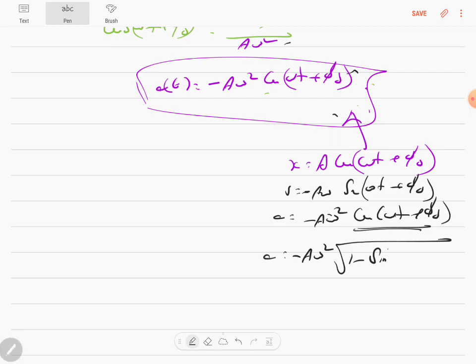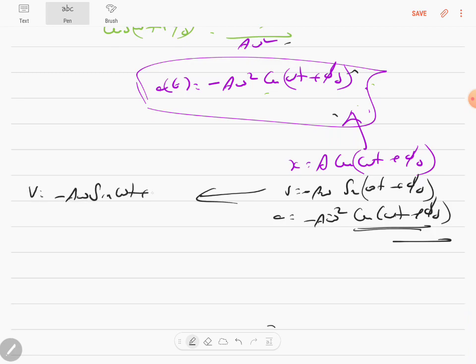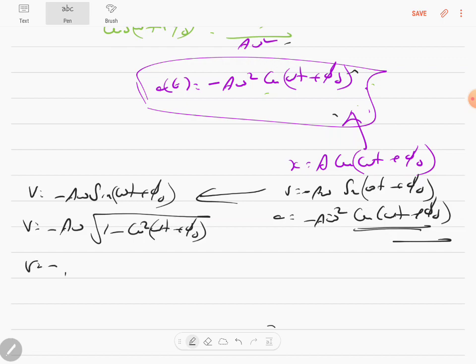They've not proceeded. But take the velocity part. Velocity is equal to minus A omega sin omega t plus phi naught, right? You can take this and write it as root of 1 minus cos square omega t plus phi naught. And v is equal to minus A omega root of 1 minus cos square omega t plus phi naught.